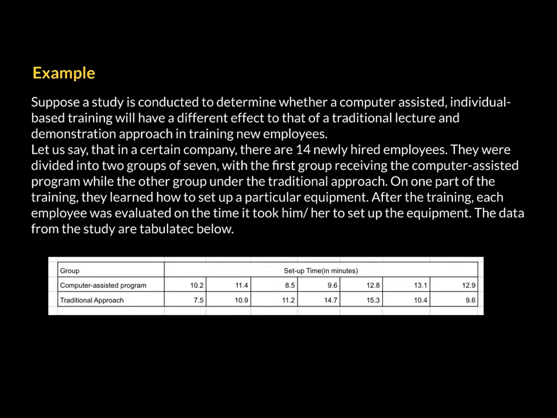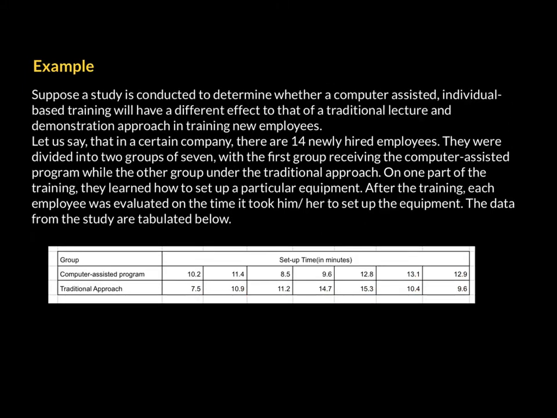The data from the study are tabulated below. The times are in minutes. So we have 10.2, 11.4, 8.5, up to 12.9 for the computer-assisted program, and for the traditional approach we see 7.5, 10.9, and so on to 9.6.